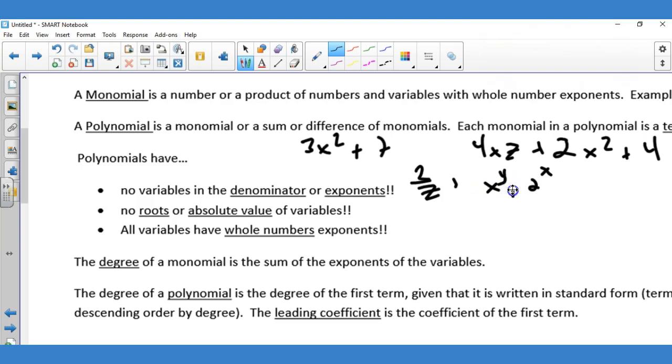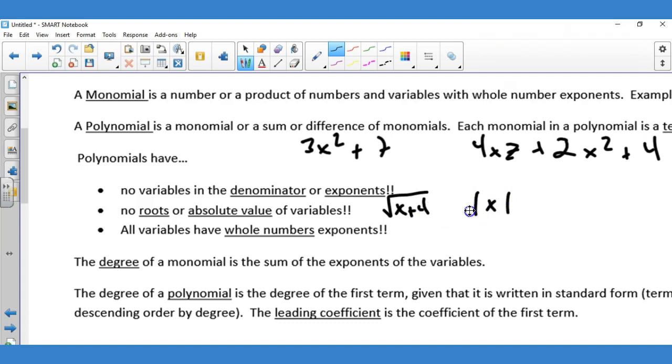These are not polynomials. You can't have variable exponents. No roots or absolute values. So something like the square root of x plus 4 is not a polynomial. The absolute value of x, not a polynomial.